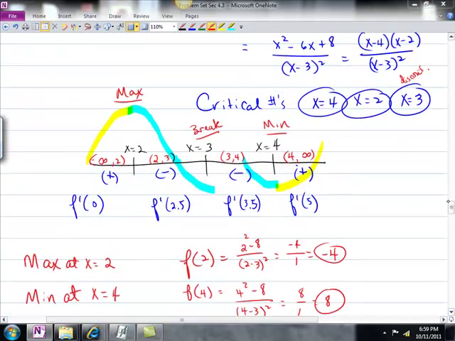Where is this thing increasing? From what to what? Negative infinity to 2, and 4 to infinity. So it's increasing on those two. It's decreasing from 2 to 3, and also from 3 to 4. It's a break at 3. Okay, so you'll be filling in that word. That should be good. All right.